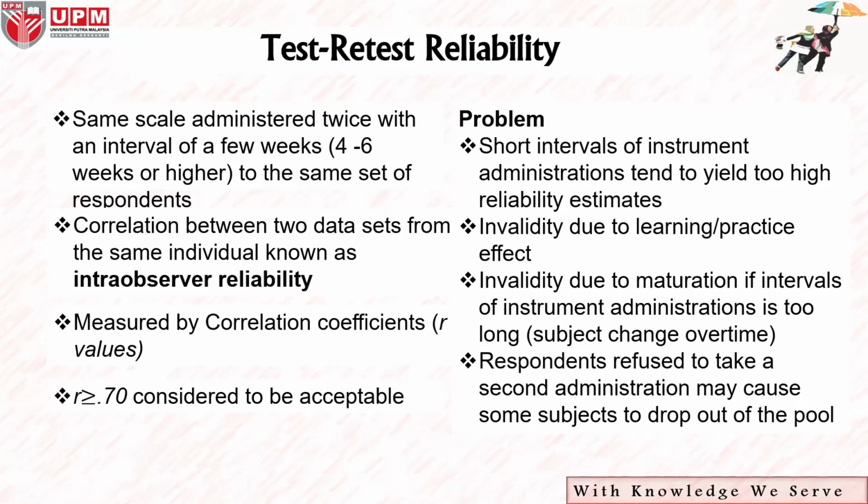Okay, and then invalidity due to maturation if the interval of instrument administration is too long. So that's why the interval can't be too long or too short. Okay, and then the respondent refusing to take a second administration may cause some subjects to drop out of the pool. Ini juga isu yang common lah. Let's say for the first test we use 30, the second one hopefully we can get 30, but sometimes we just manage to collect 15.